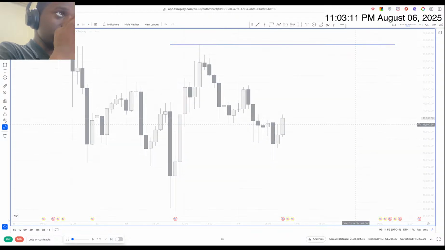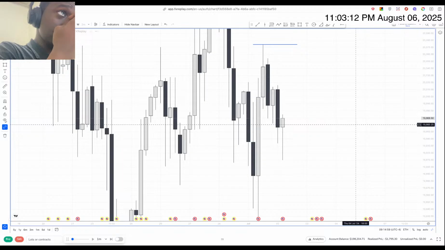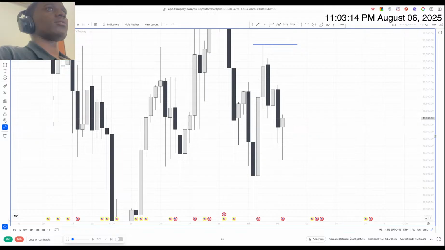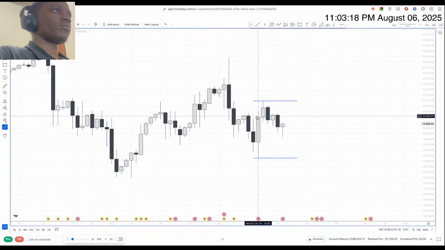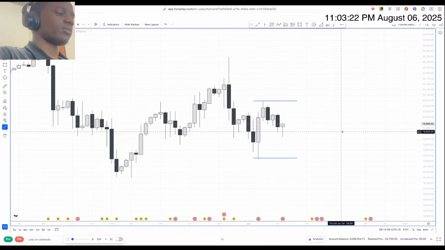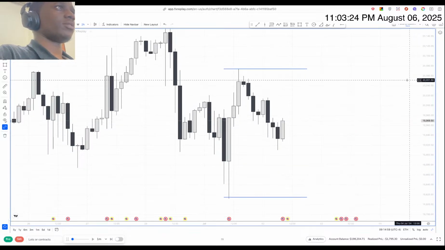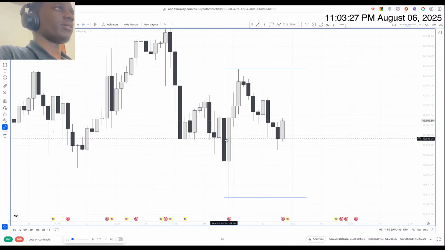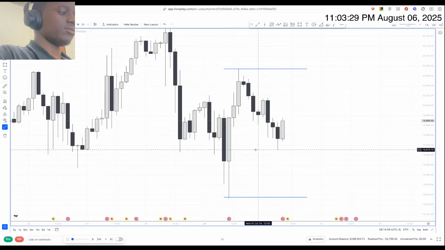Let's look for, I don't know, we got the sweep here, got the shift, so we might retrace to the OTE here and then push. I don't see any fair value gap or order block that we might bounce off of.